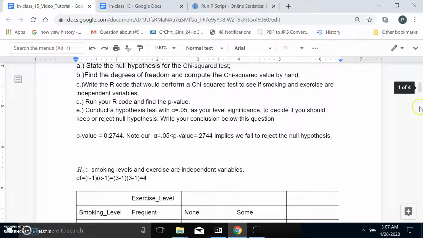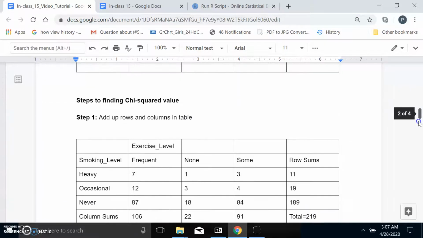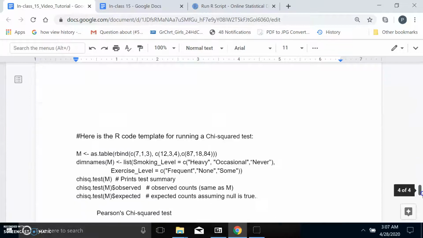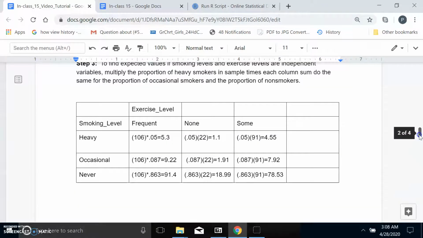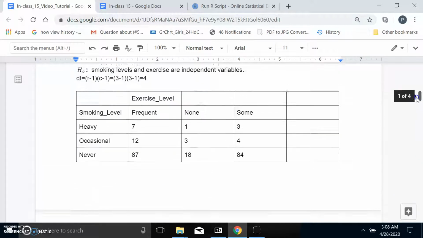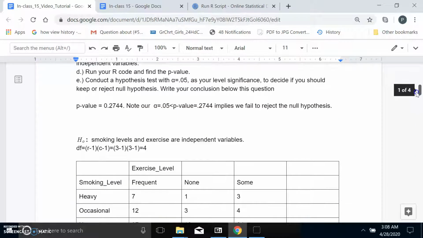Let me go down to the R code again so you can see it. There's the R code there. And again, our degrees of freedom was 4. We found that by hand up here at the beginning. I have 4 right here.